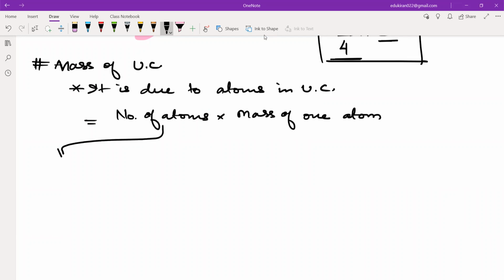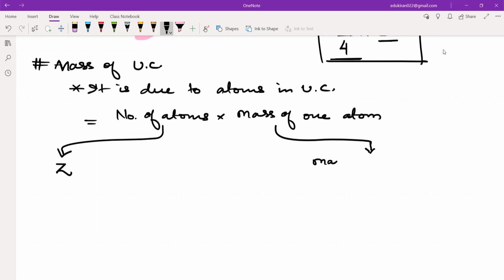So what is the mass of atom? We have already seen, sorry, what is the number of atoms? Z. Correct? And what is the mass of atom? I know the molar masses, right? If I have copper, mercury or something, then we all know the molar mass from the periodic table. So what is molar mass?